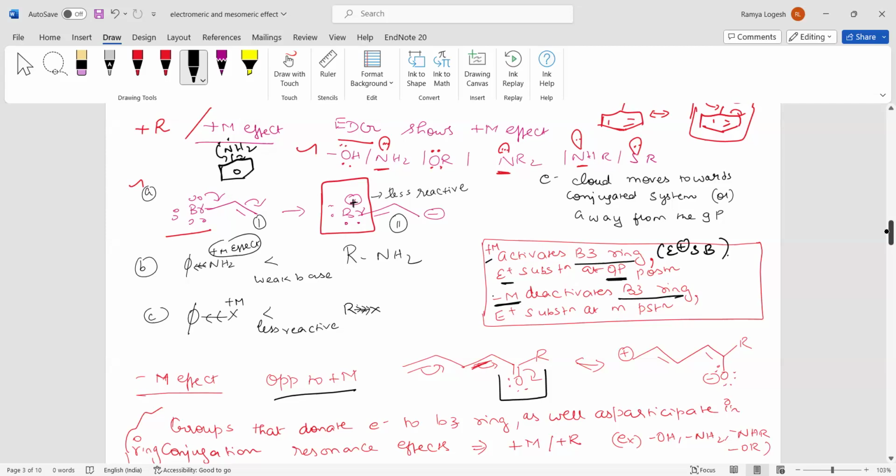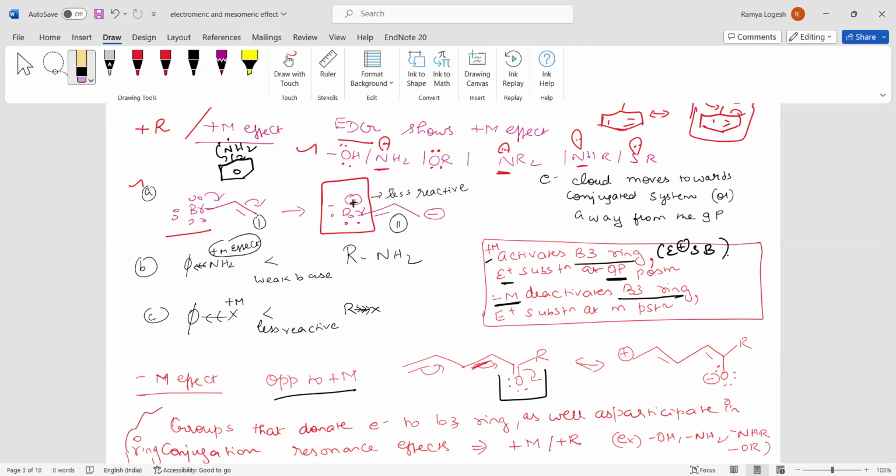So if this minus M is present on a benzene ring, let us consider a ketonic group or an aldehyde group, benzaldehyde is there, CHO is there, they are quite electron withdrawing. So what they do, they start pulling the electrons towards them from benzene. Okay. So in those cases, we call them minus M effect. In such cases, generally electrophilic substitution reactions happen at a very low rate. It is not allowed. What is the reason?